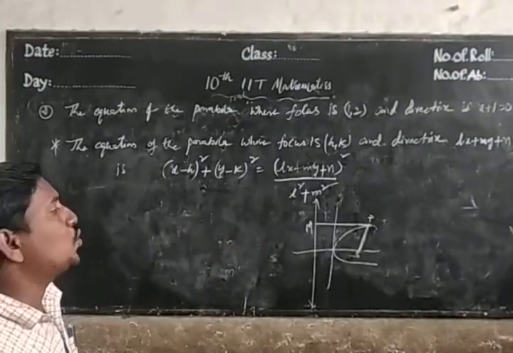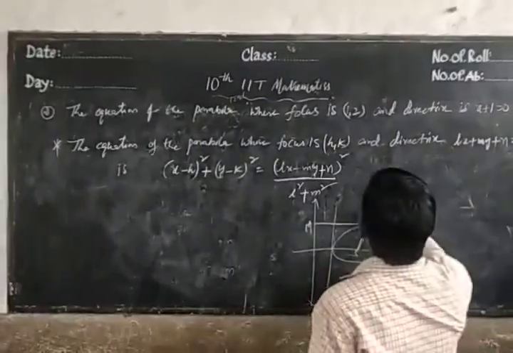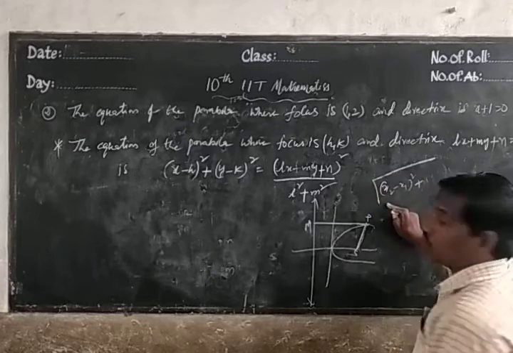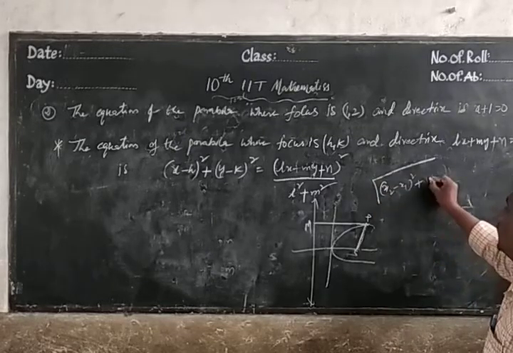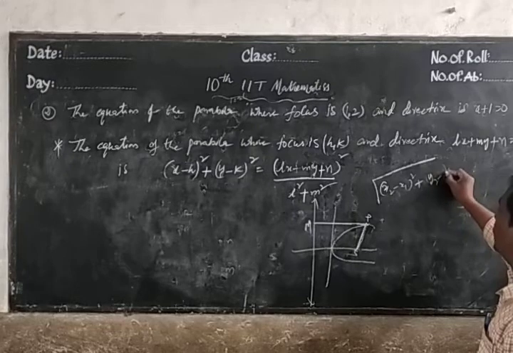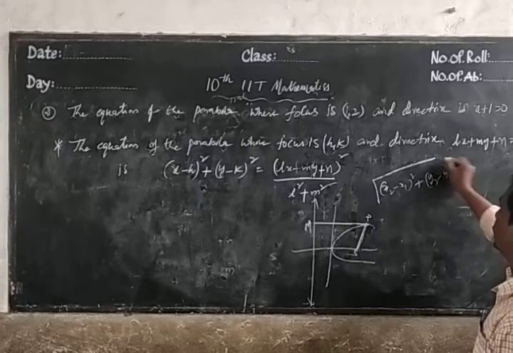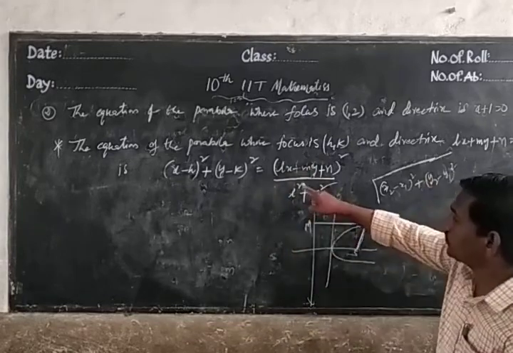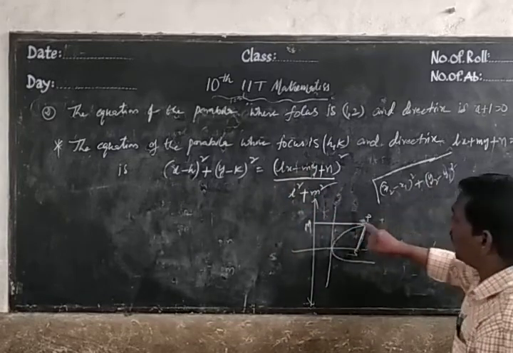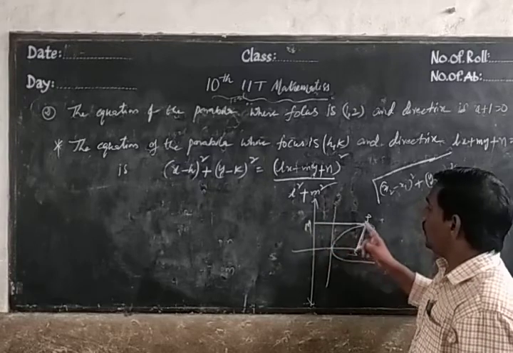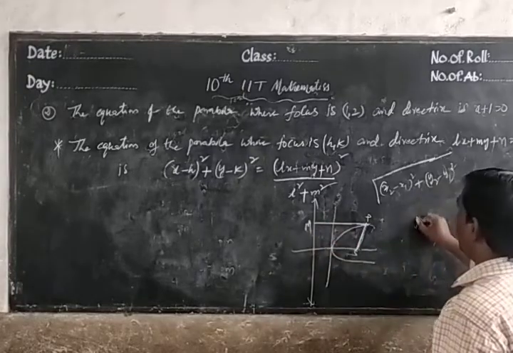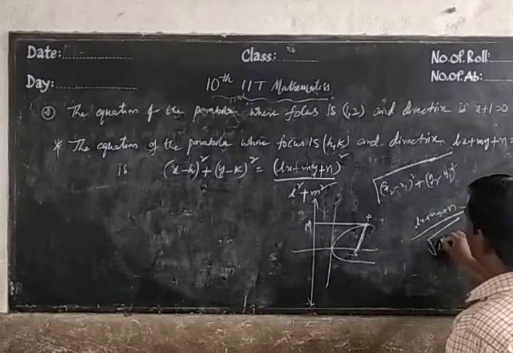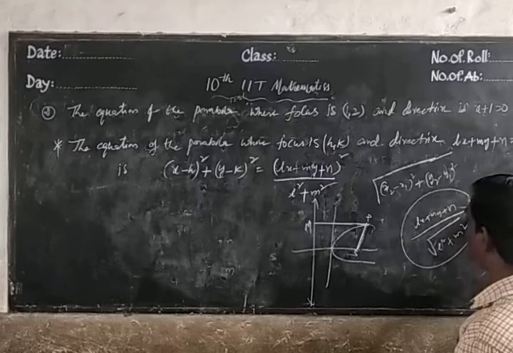The distance between 2 points is root of (x2 minus x1) whole square plus (y2 minus y1) whole square, and the perpendicular distance from a point to the directrix is (Lx plus my plus n) by root of L square plus m square.